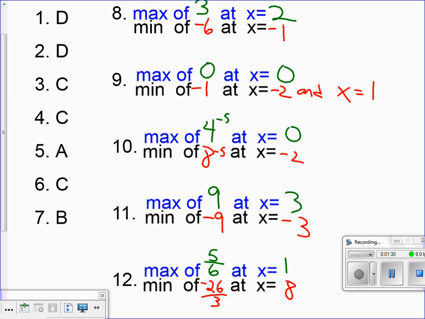I should pause it. So how's it looking, guys?